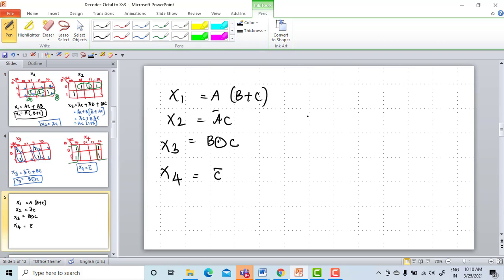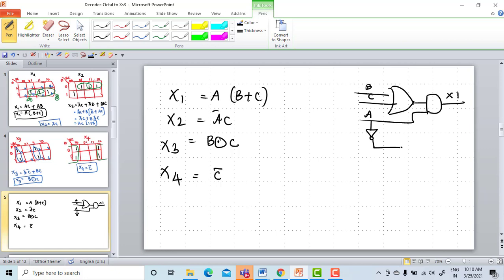Okay, so if I implement here, I need an OR and then an AND. OR is nothing but B plus C, AND is with A, so this is x1. Okay, so if I take an inverter, this is A bar, and again I need an AND.